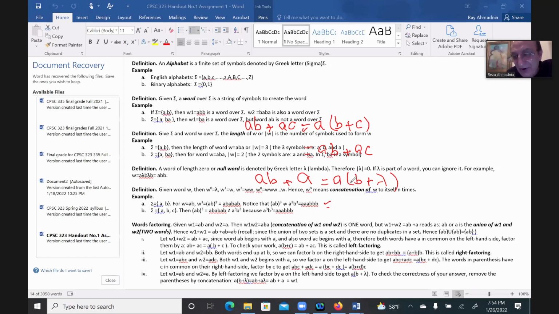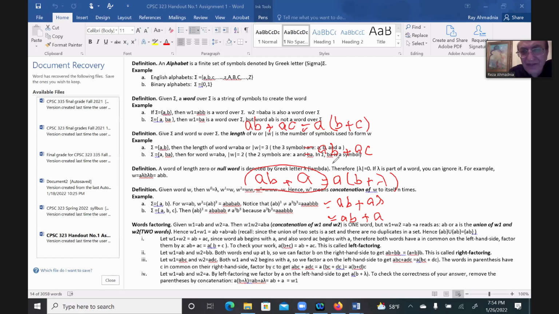So now if I do concatenation, A concatenated with B, I get AB, or A concatenated with lambda is A lambda, which is the same as AB, or I can ignore lambda, I get A, which is exactly the same as what I have here. So this is called left factoring.